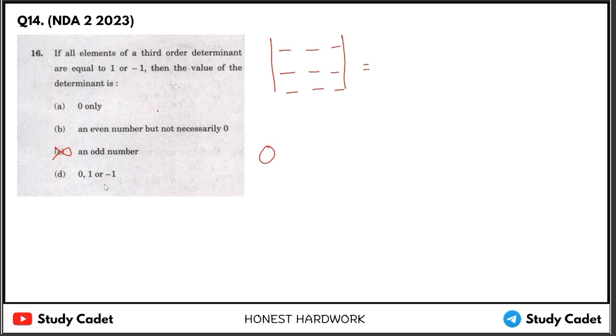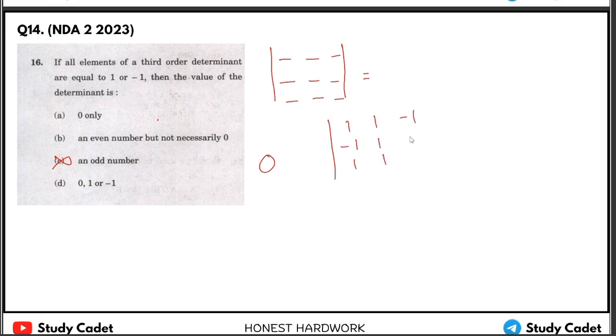An even number but not necessarily 0. Okay, if we put like 1 minus 1 1 and 1 1 1 and minus 1 1 minus 1, then what is the answer? Let's see.